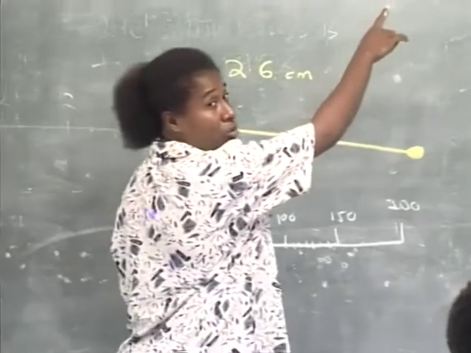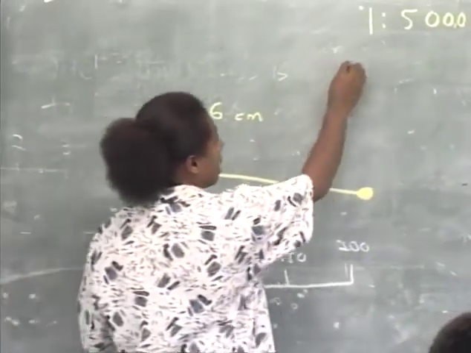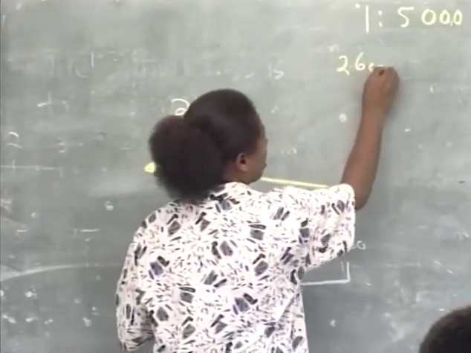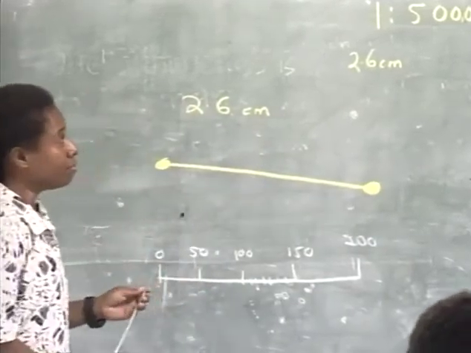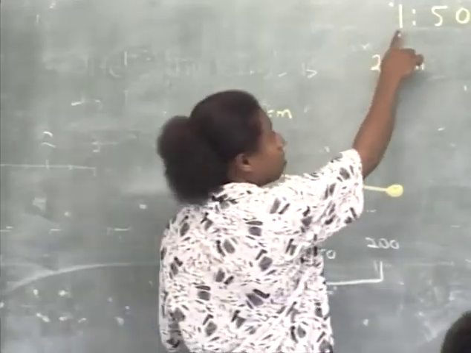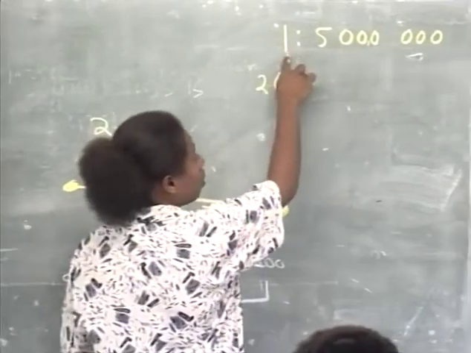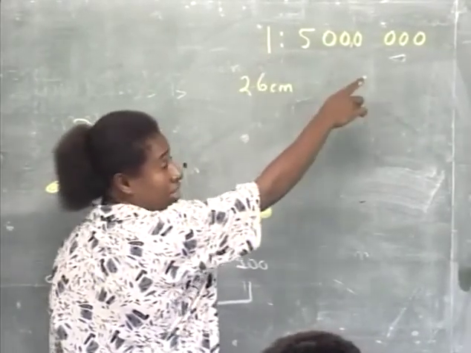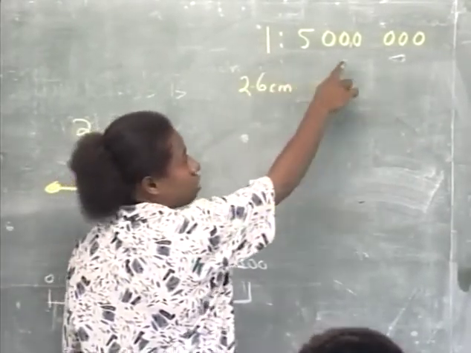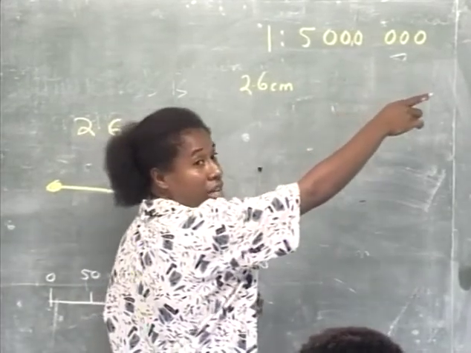Okay, what needs to be done next is that he's found the answer as 2.6 centimeters on the map. If we had to use the centimeters, the same unit too, the scale of 1:5 million is the same as 1 centimeter is equivalent to 5 million centimeters on the ground.